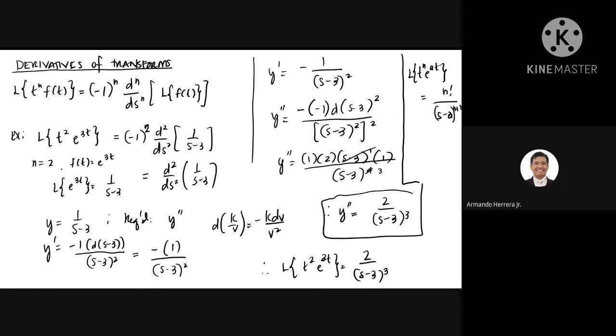Since our n is 2, that's 2 factorial over s, our a here is 3, so that's s minus 3 raised to 2 plus 1. And 2 factorial is 2. So therefore, we have proven that the Laplace transform of t squared e to the 3t is equal to 2 over s minus 3 to the third power using this predefined formula and using derivatives of transforms.